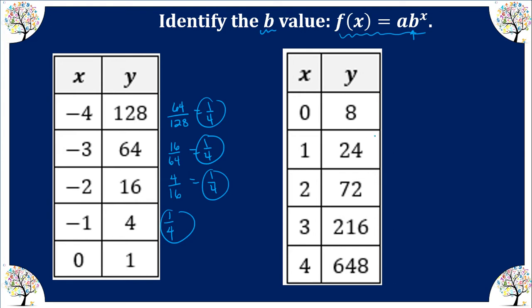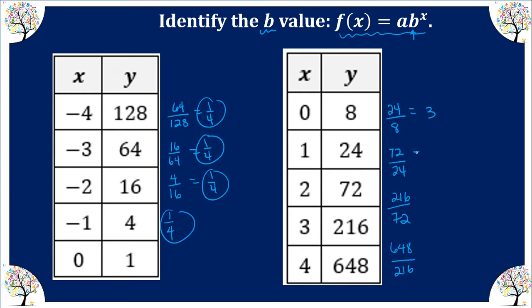Now let's take a look at another example. We're going from 8 to 24 to 72. We can see we're not adding the same thing, so it's not linear. Again, we just take an output and place it over the previous output, and then we simplify. And of course, you can absolutely use a calculator.